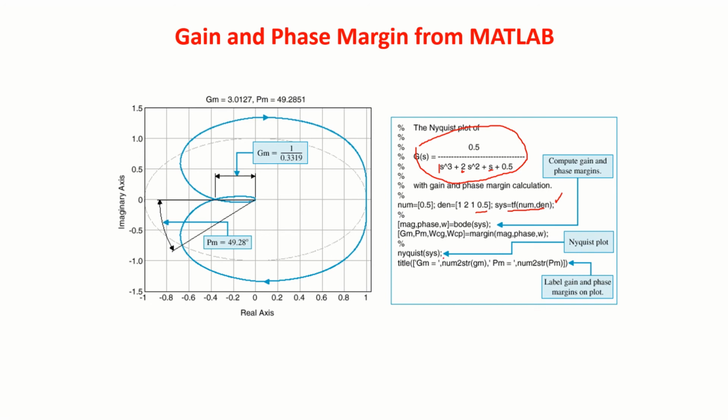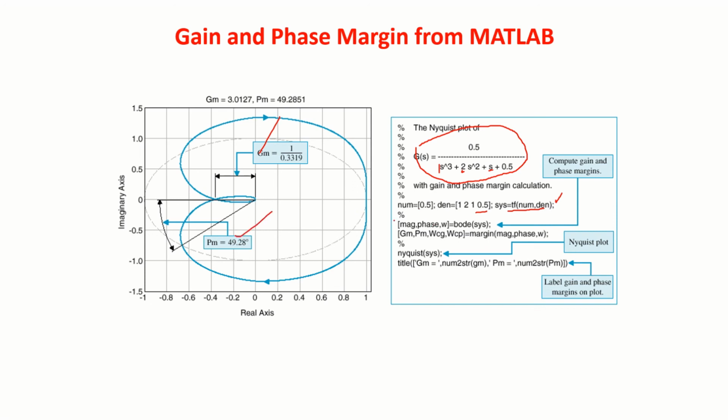Then call the Nyquist function. After that, you calculate the gain margin, and it will output the gain margin and label it. The phase margin it will also indicate and label.